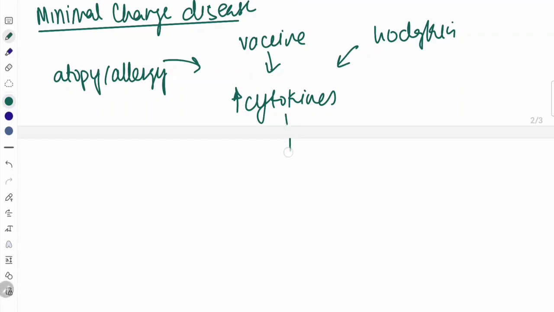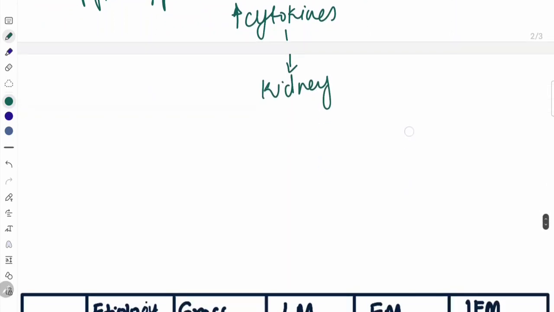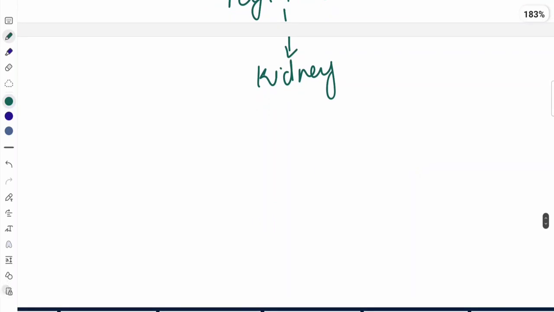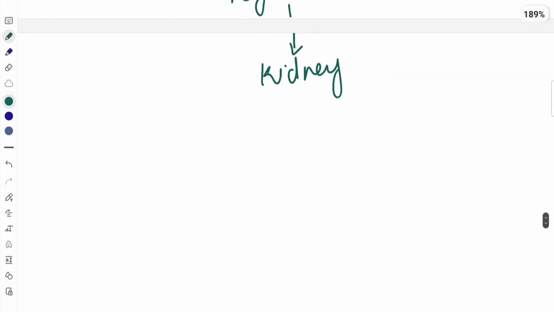Due to the overactive immune system, these cytokines are going to go into the kidney, and in the kidney we know that the glomerular area is made up of podocytes. The glomerular basement membrane is associated with podocytes.